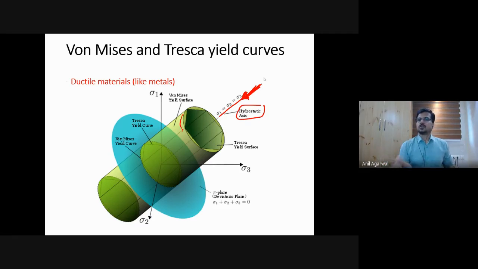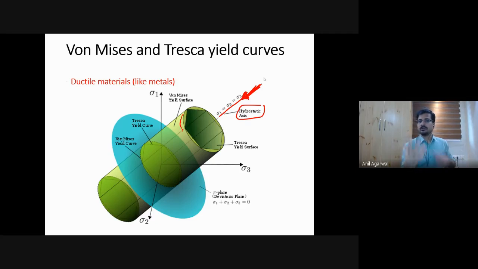So what it means is that basically this cylinder or this prism is extending infinitely in both directions. As long as you maintain sigma 1 equal to sigma 2 equal to sigma 3, you never deviate away from the hydrostatic axis, and you never have a risk of failure.